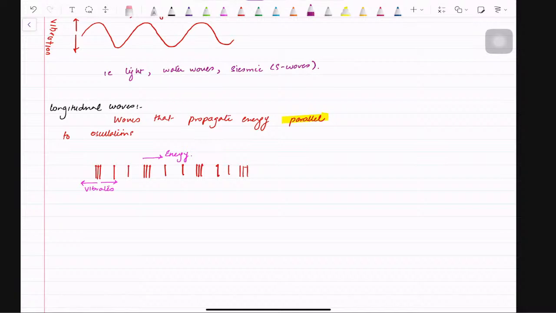So the examples of these are sound, you can also generate them on a slinky spring, also seismic P waves could be longitudinal. All right, if you have any questions, do let me know, okay?